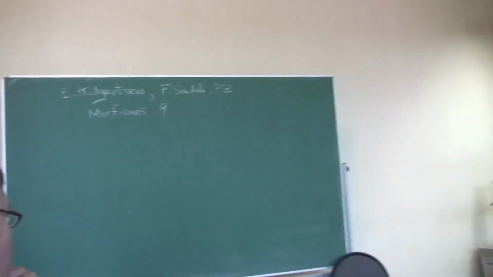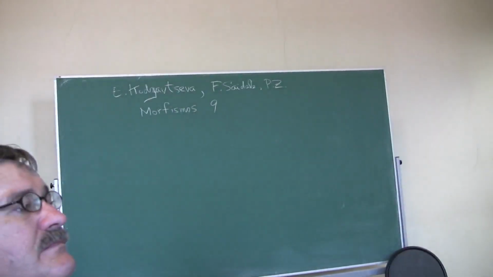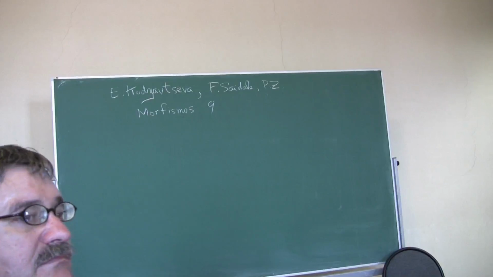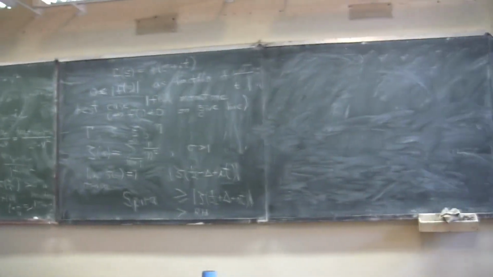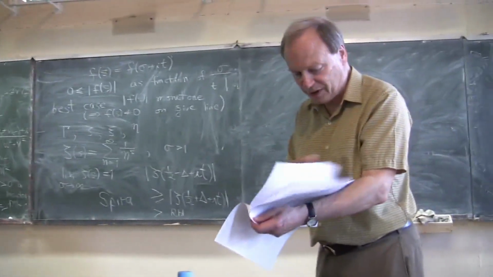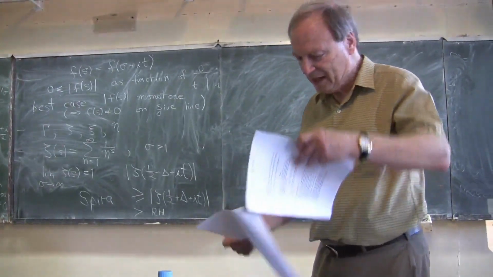I should have the reference here somewhere. Let's see. I think there are references in this paper. Anyway, you can find them by Google, from the names and the name of the journal.